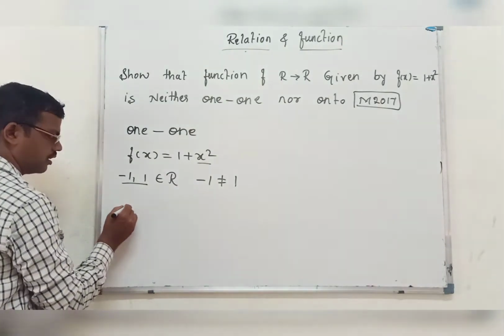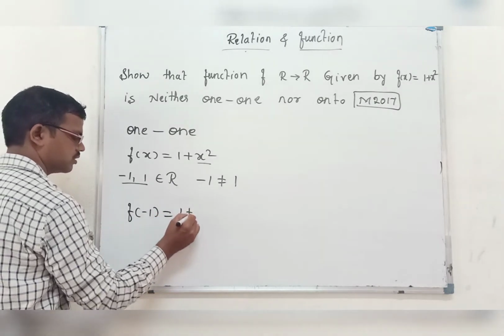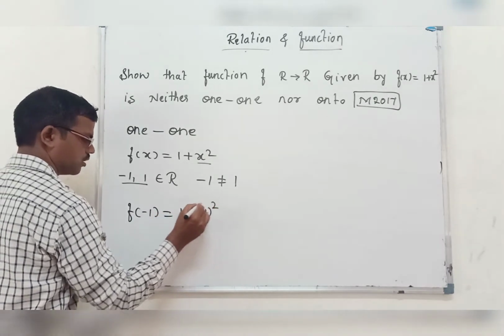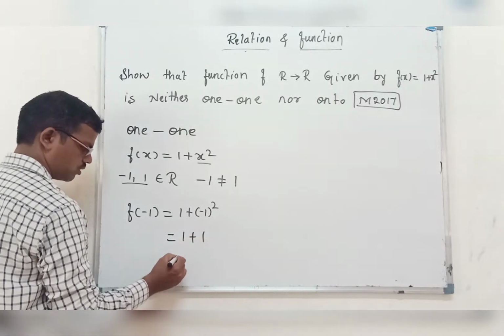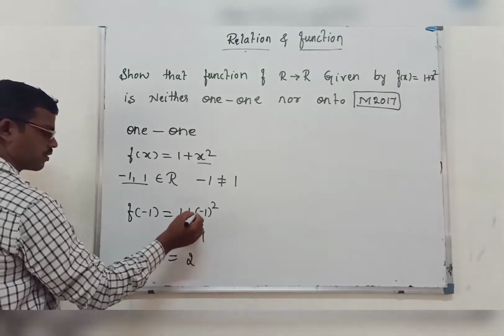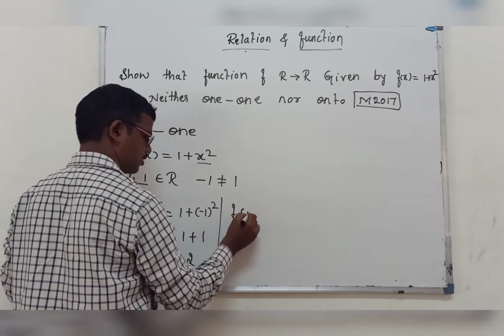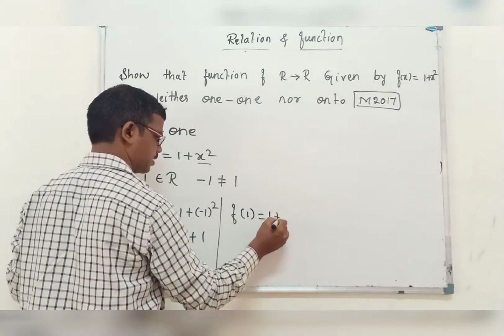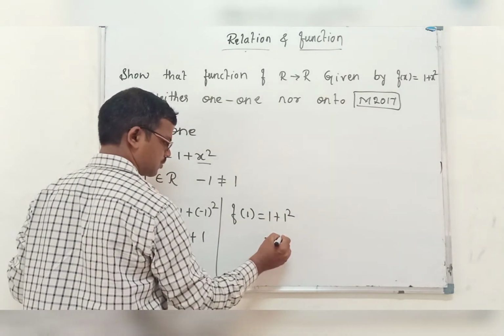So different, let me find out their images. f(-1) = 1 + (-1)², so that is 1 + 1, which is 2. Then f(1) = 1 + 1², which is 1 + 1 = 2.